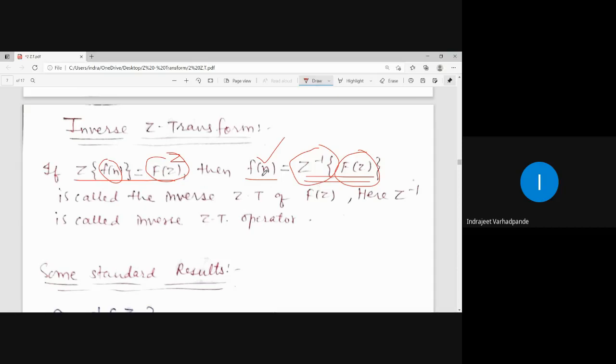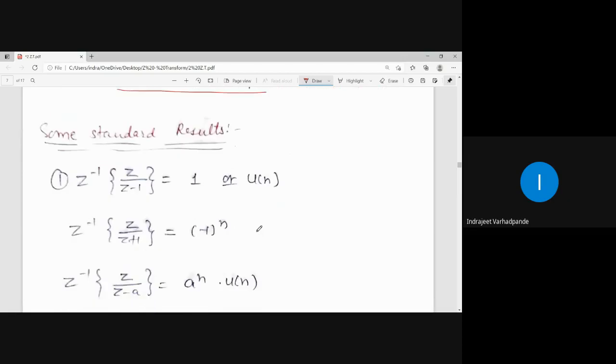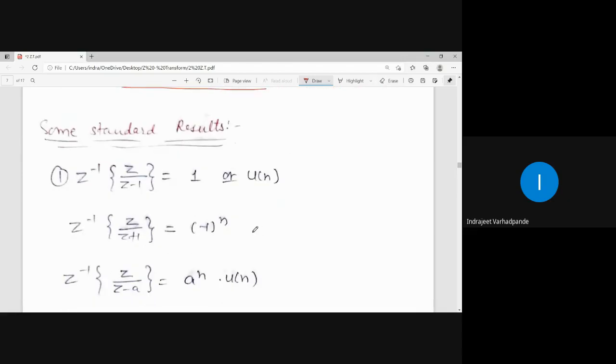So this definition, f of n is Z inverse of F of z, is called the inverse Z transform of F of z, and Z inverse is called the inverse Z transform operator. Whatever table or chart we have discussed for Z transform, taking that as the base we can do the reverse calculation and get the chart for the standard results for the inverse which are applicable.